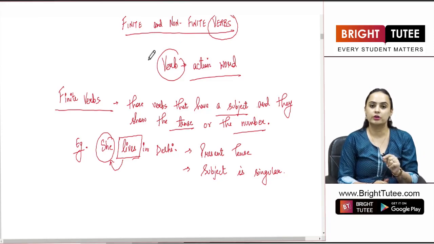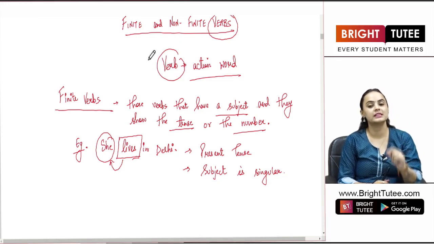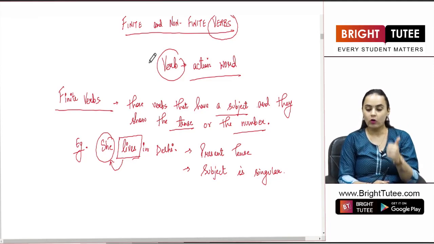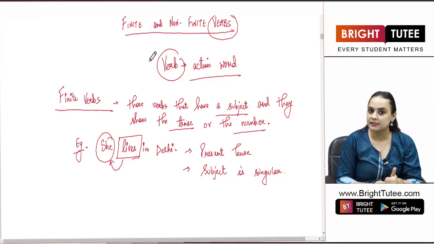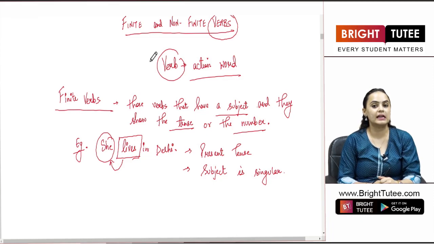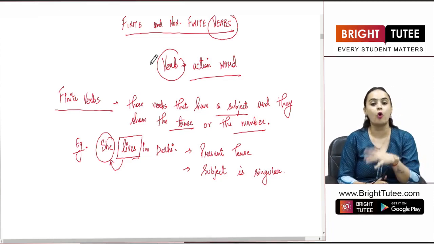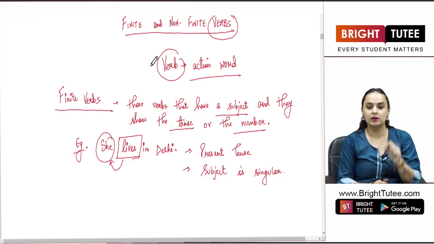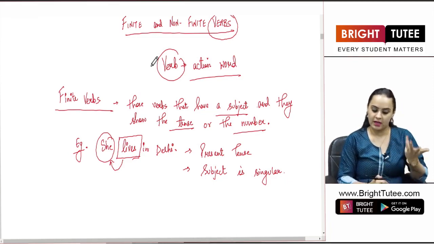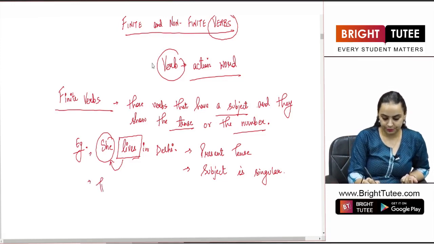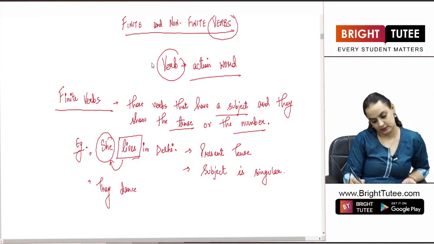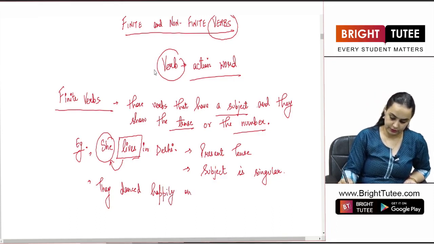So those verbs that are used to represent a subject, that talk about the tense of that subject as well as give us an idea about the number of that subject, whether the subject is singular or plural, we use finite verbs for them. If I give you more examples: They danced happily at the wedding.